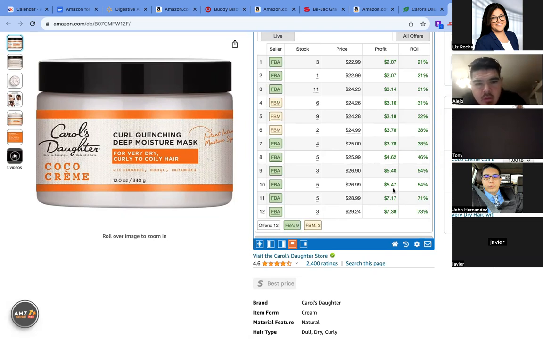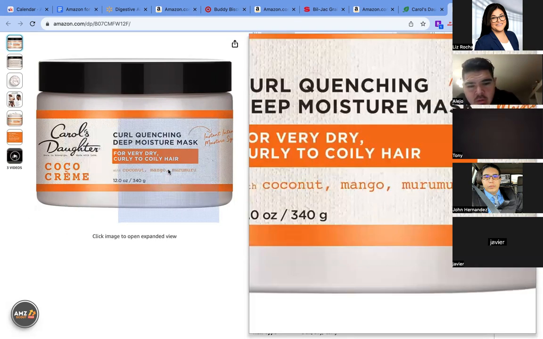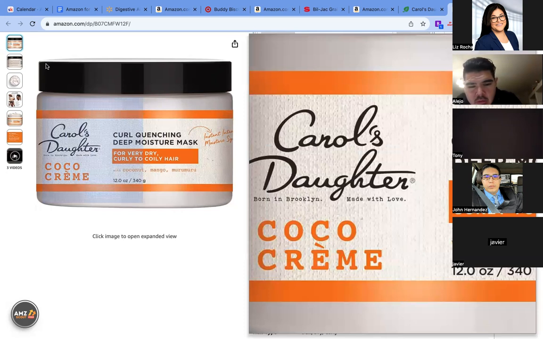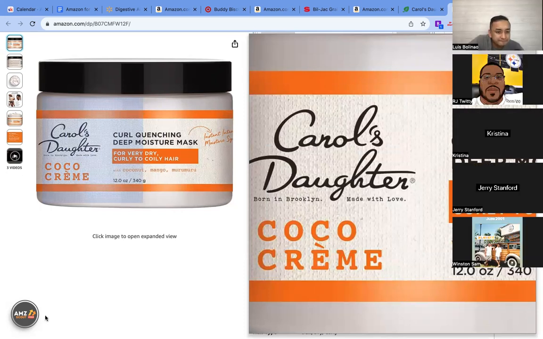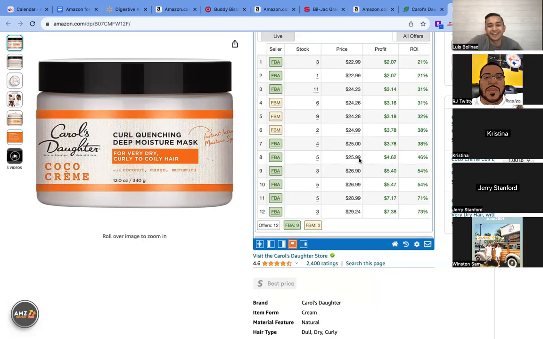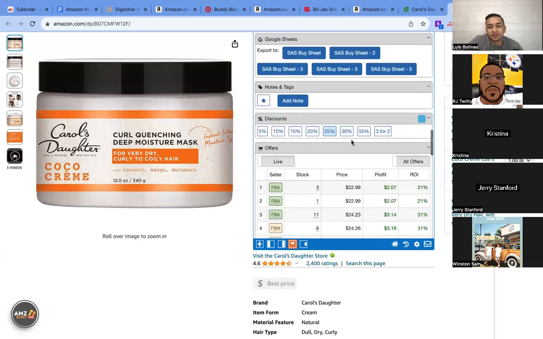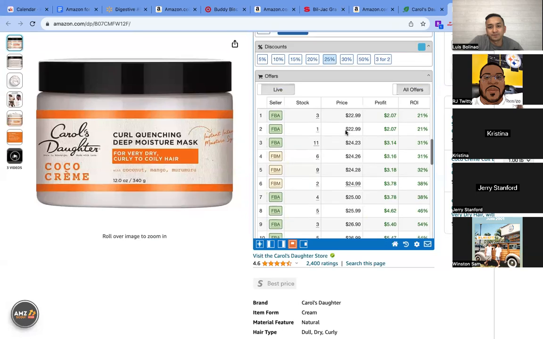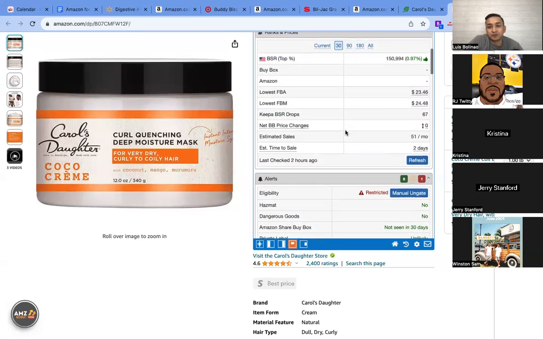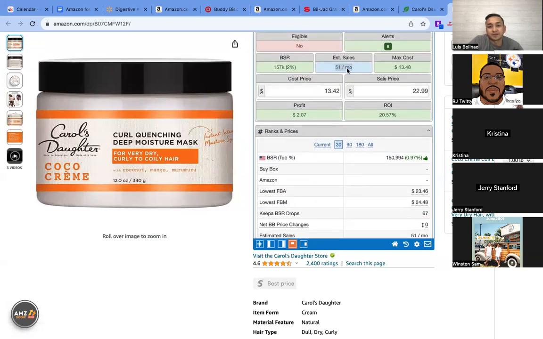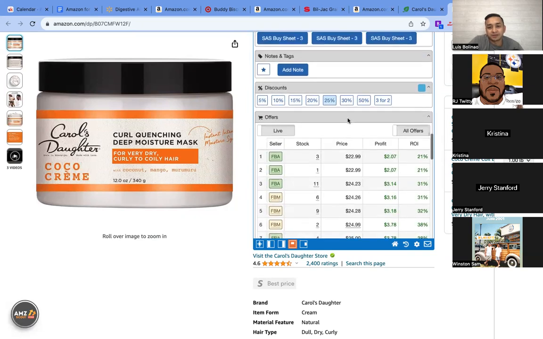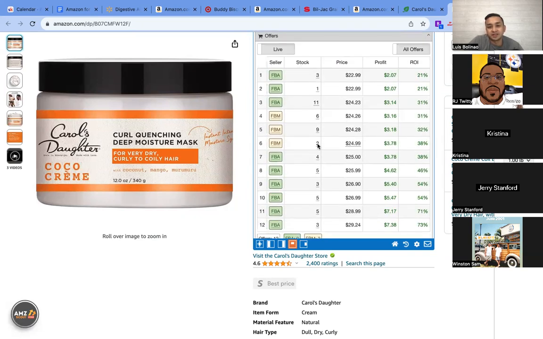I think the sales are too low. I wouldn't do it. Who's that? RJ. RJ, what's up, bro? Yeah, I think to me this ratio is pretty uneven because there's only 51 sales a month, right? And there's a lot of sellers on this listing, honestly.